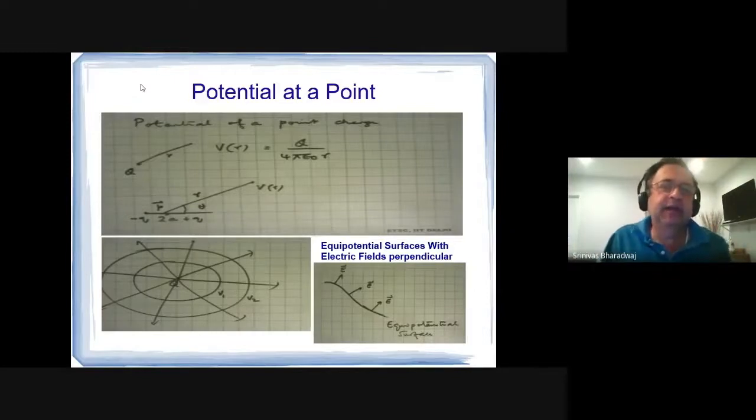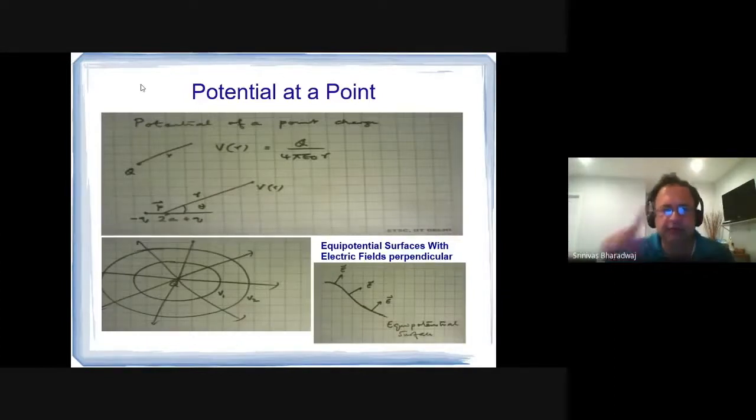So similarly, dV by dr gave you the electric field with the direction being normal to all the equipotential surfaces, right? So if you had an equipotential surface, normal to that equipotential surface you had the electric field.